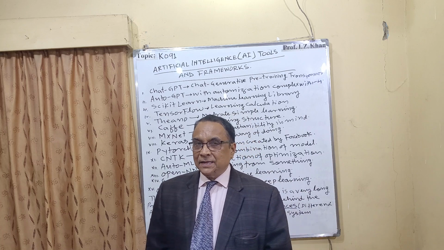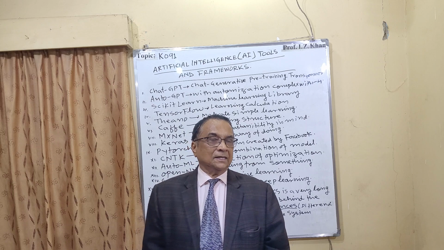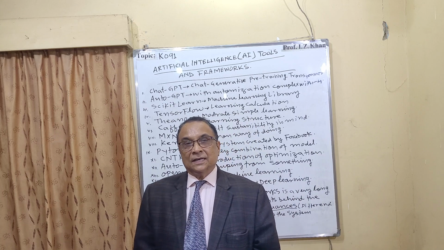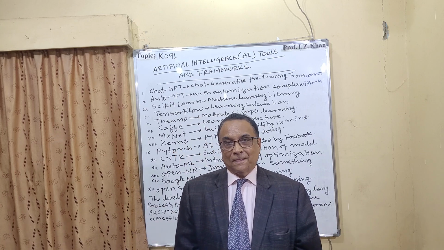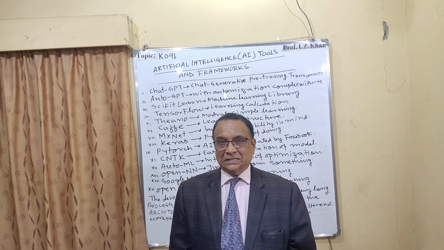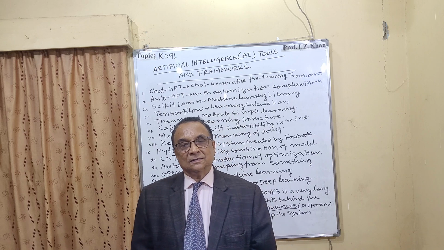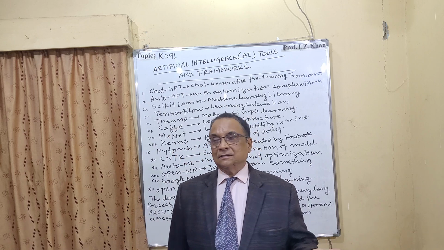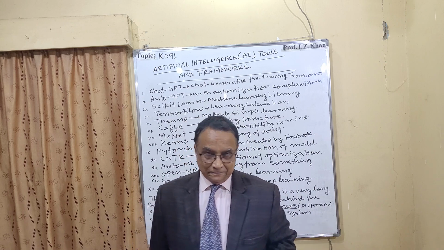The difference between ChatGPT and AutoGPT is that in the case of ChatGPT, it is backed by artificial intelligence. It is following your specific instruction. Specific instruction means if suppose it is combined with robotics and you are asking ChatGPT, bring tea, it will bring tea.